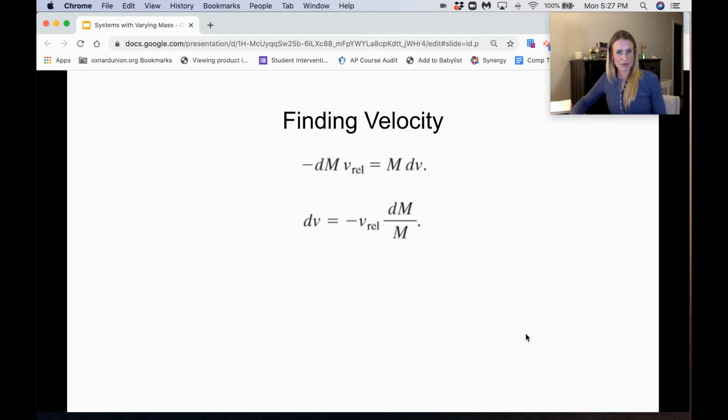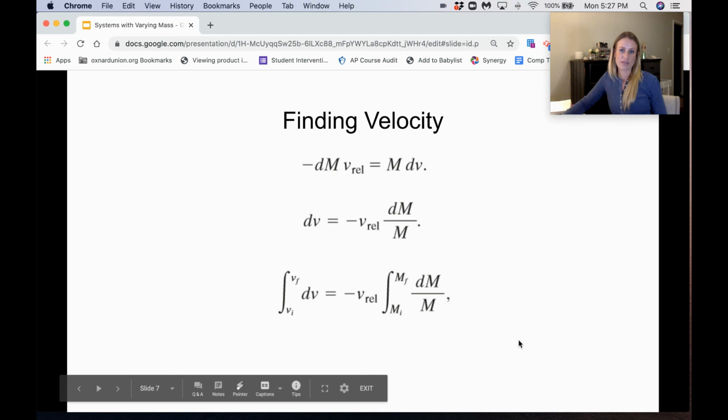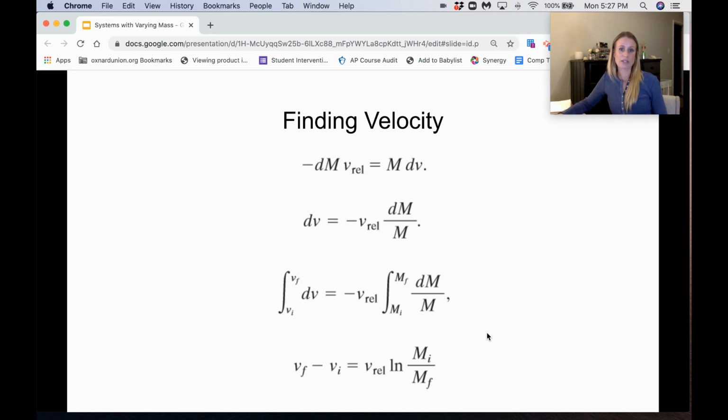Next, we integrate: the left-hand side from velocity initial to velocity final, and the right-hand side from mass initial to mass final. What I get is velocity final minus velocity initial equals the relative velocity times the natural log of mass initial over mass final.